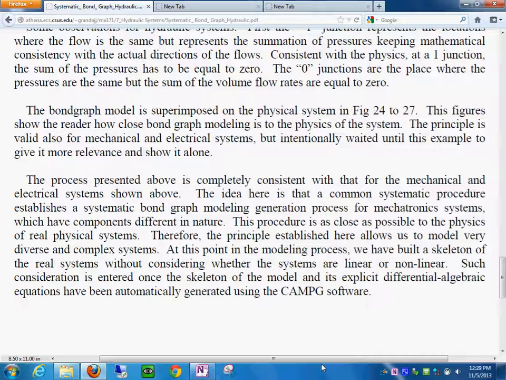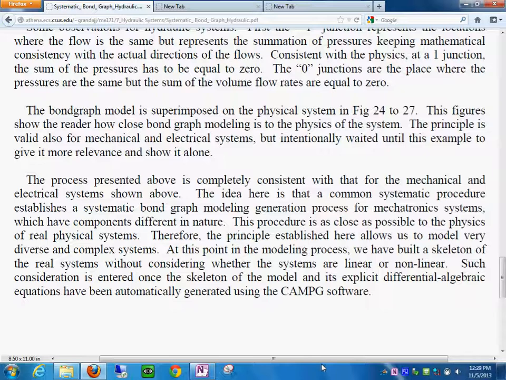In this case, this procedure, even if the elements are in different energy domains, would be helpful to generate much more complex systems. So the principle that has been established here allows models of very diverse nature or complex models to be built with the same procedure.